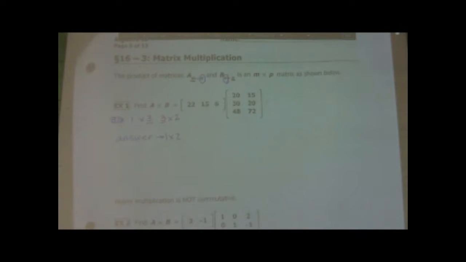Since these two numbers are the same, you can multiply them. And what you get as an answer is a 1 by 2 matrix. That is this by this. All right, so that's how the dimensions play into this. So our answer to this problem is going to have 1 row and 2 columns.